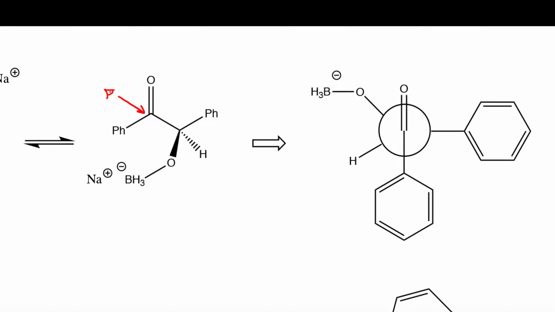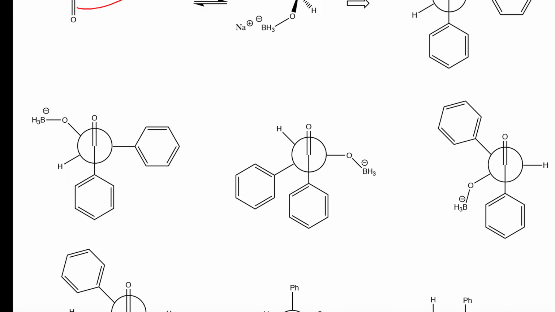And as you can see right here, you have these bulky phenyl groups that create steric hindrance for this molecule. So what's going to happen is it's going to form multiple conformations until it reaches the most stable one. There are actually 3 different conformations that can be formed after the first reduction.